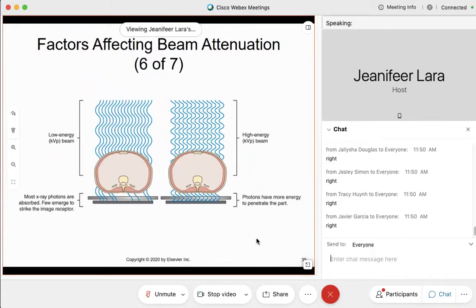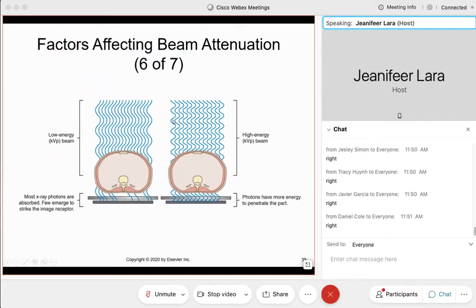Does everyone see it? Yes, I see everyone typing it in. The right has a shorter wavelength and higher frequency. So if you see this wave, it is higher frequency or higher energy than this one.